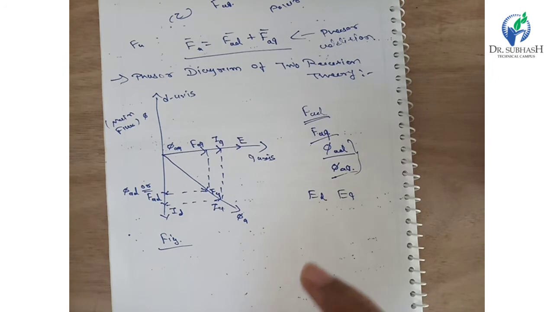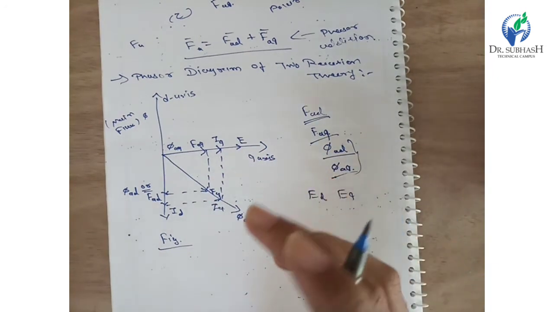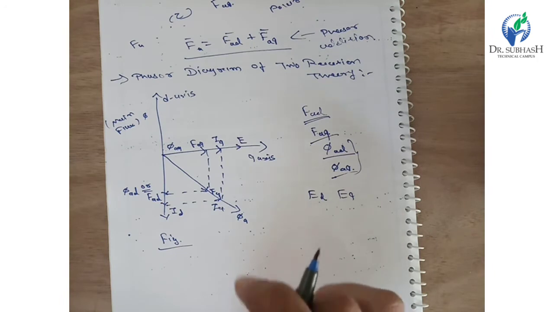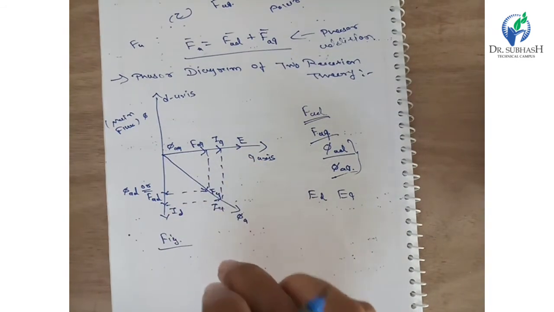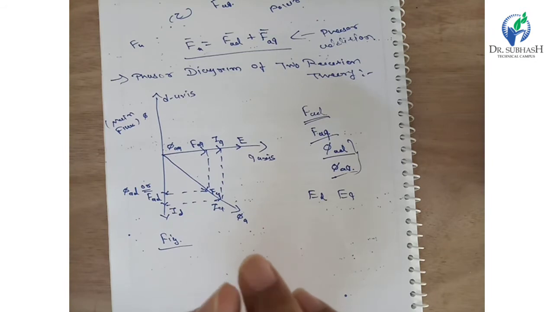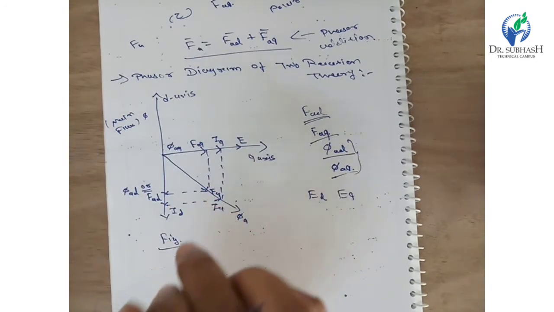Now for the phasor diagram explanation, for the d axis and q axis, direct axis and quadrature axis, we should explain the reaction of a synchronous machine in the direct axis and quadrature axis.